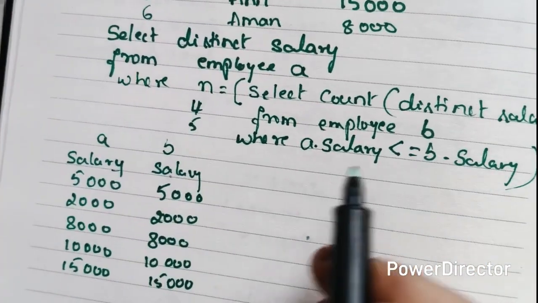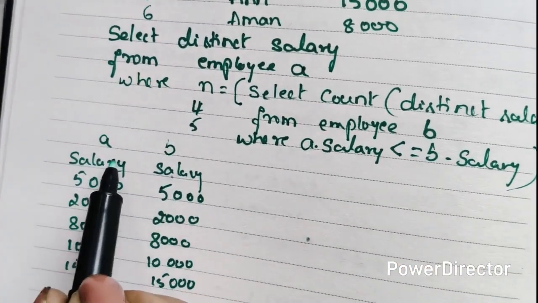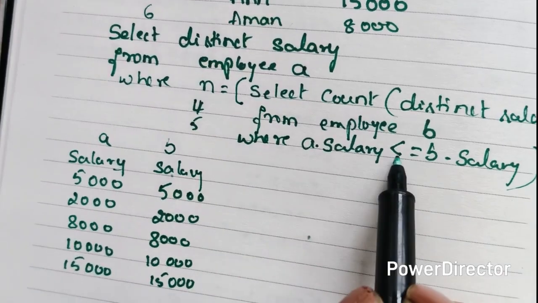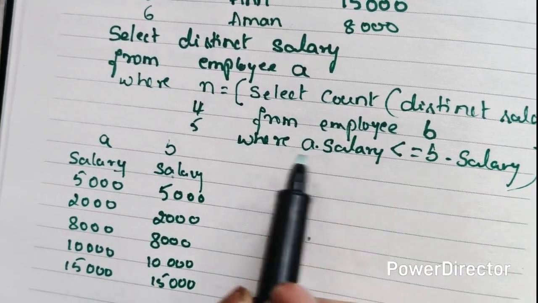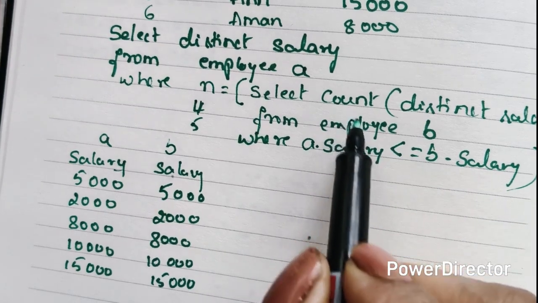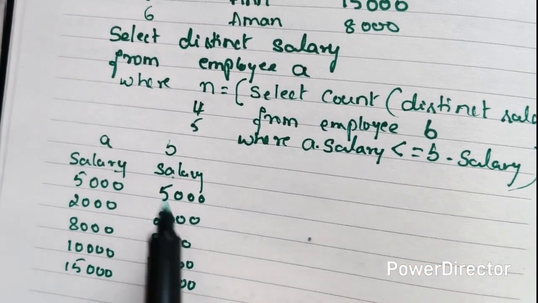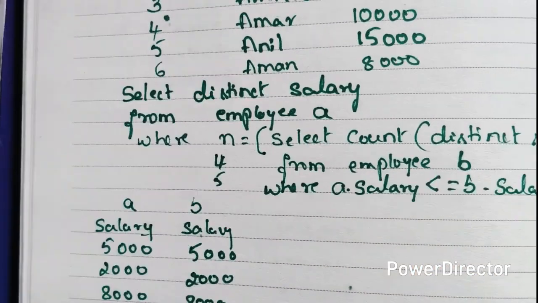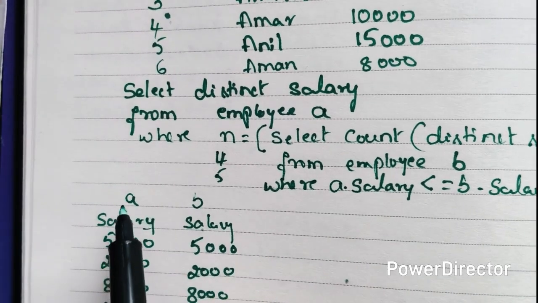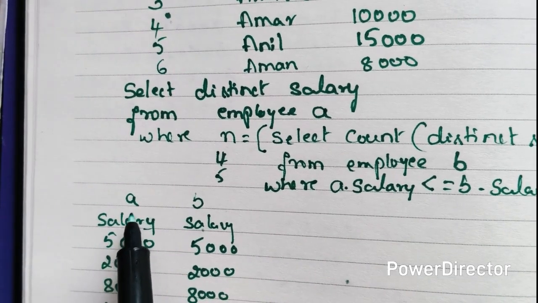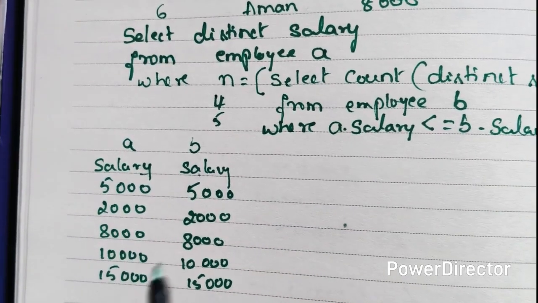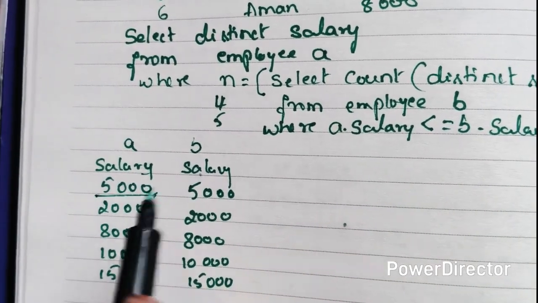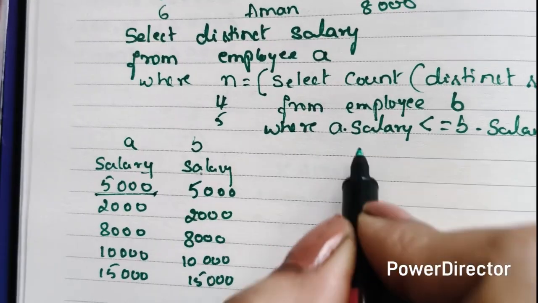Now we have to work on this where condition, where A dot salary is less than or equal to B dot salary. If the condition is true, you will take the count of this condition. How? In the first table, that is employee A, the salaries are 5,000, 2,000, 8,000, 10,000 and 15,000. First it will take the first value, that is 5,000.